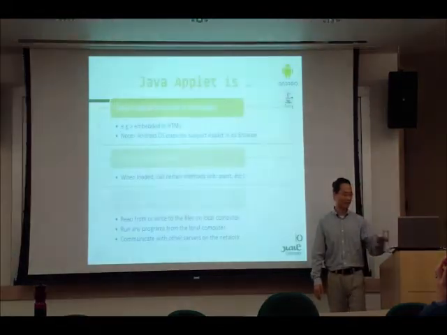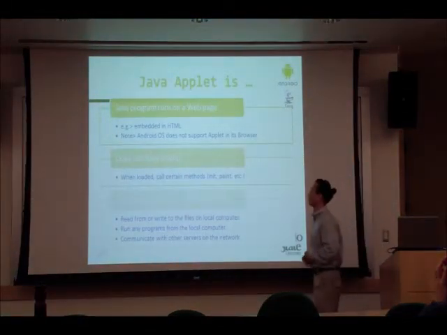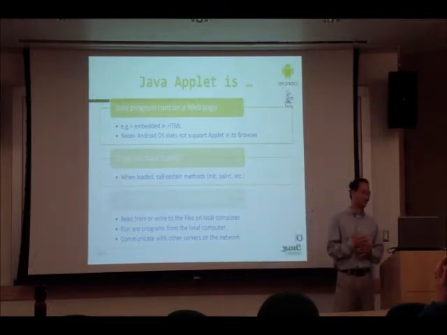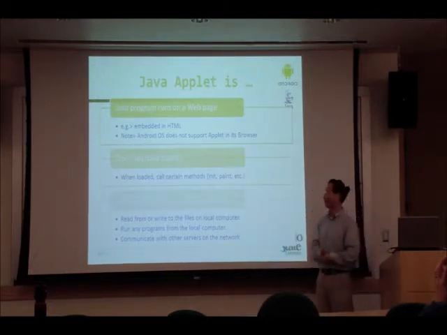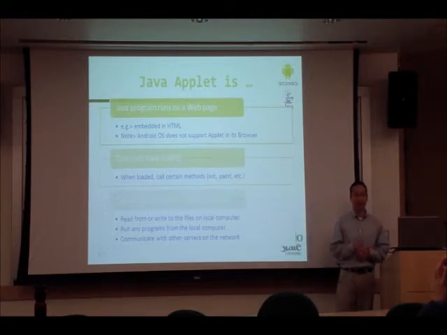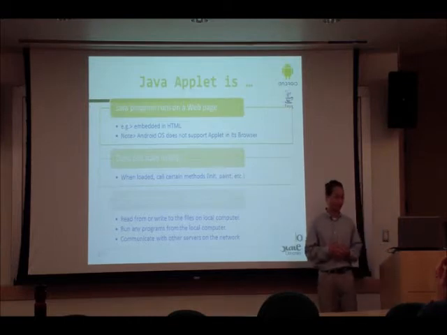So let's see Java applets. A Java applet is Java programming running in a web page, embedded into an HTML file. Android OS does not provide applet functionality, so you cannot see applets under Android OS unless you buy some third-party applet browser.